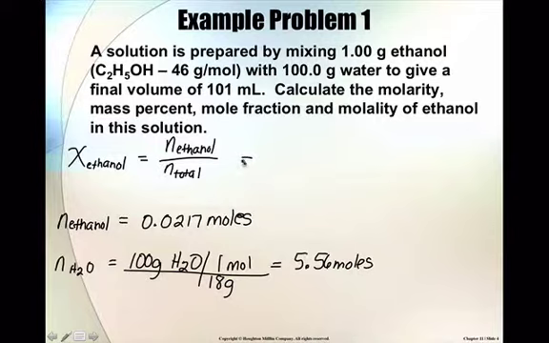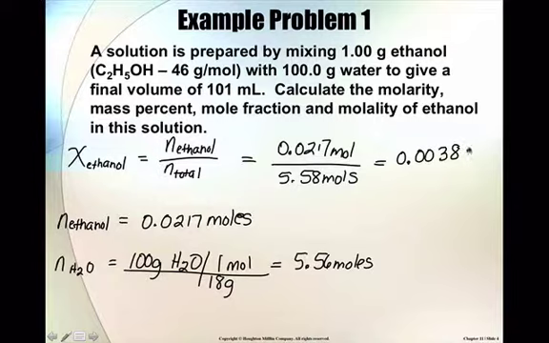So then to calculate my mole fraction of ethanol, I'm going to put the 0.0217 moles on top, and I'm going to divide that by the total moles, where if I added those up, it would be 5.58 moles. And when I do that, I get 0.00389. There are no units on mole fraction because those moles go away. You're left with just a number. So no units on mole fraction.